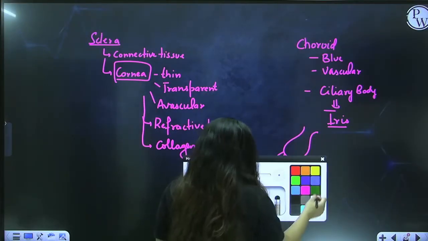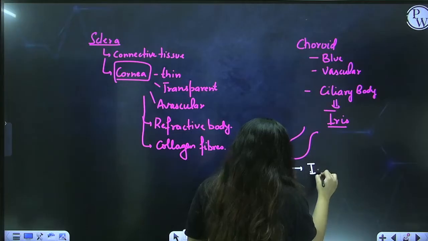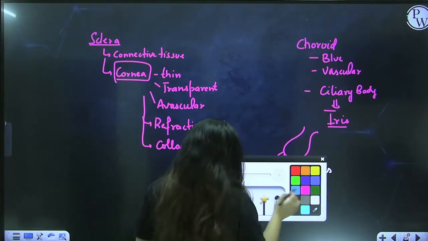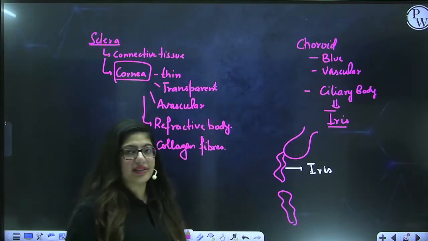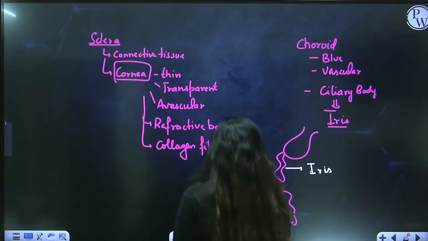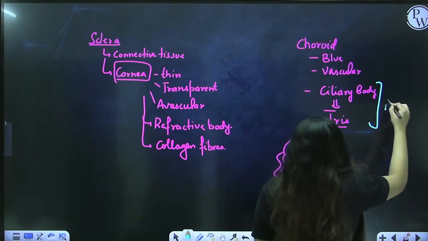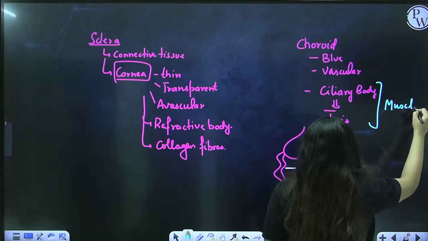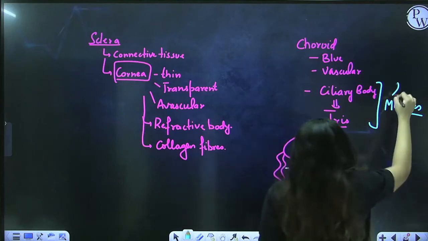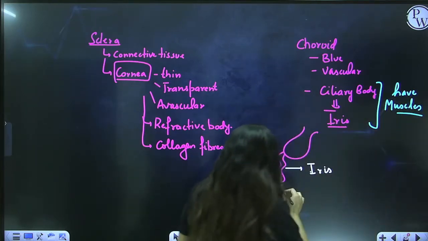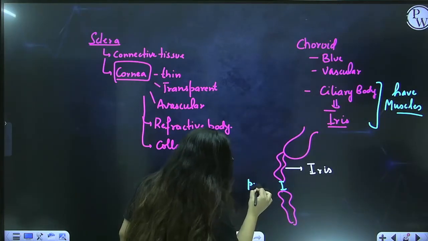Imagine this is also the iris. Both of these are muscular, so if the muscles of the iris contract, this space diameter can be changed.